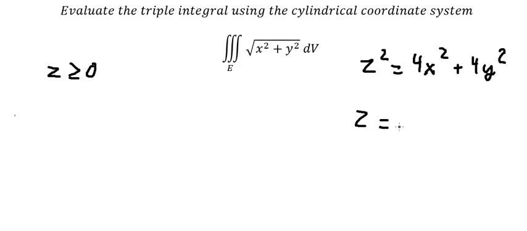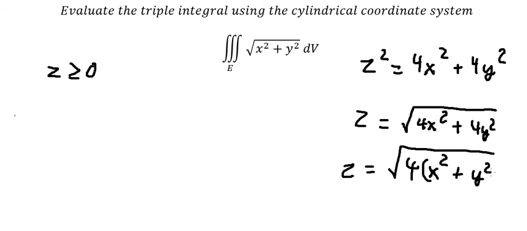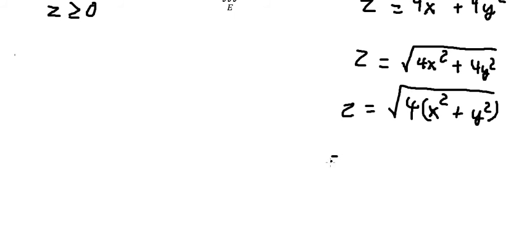So in this situation, we just select the positive square root. 4 and 4, we can do factorization. The square root of 4 is 2.